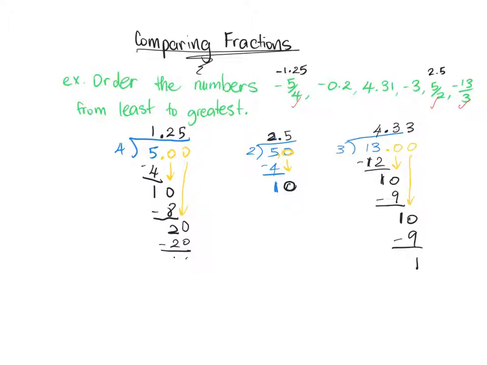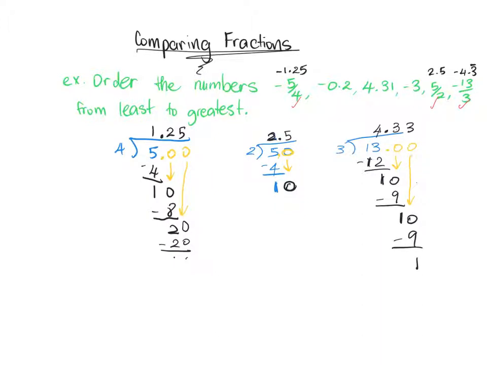So we're going to find ourselves in a bit of a loop here. If we kept going forever, we'd end up having a 3, a 3, a 3, a 3, and we just keep going with those 3s. So we have found ourselves a recurring decimal, which is always fun. So we're going to write that down as negative 4.3 repeating.